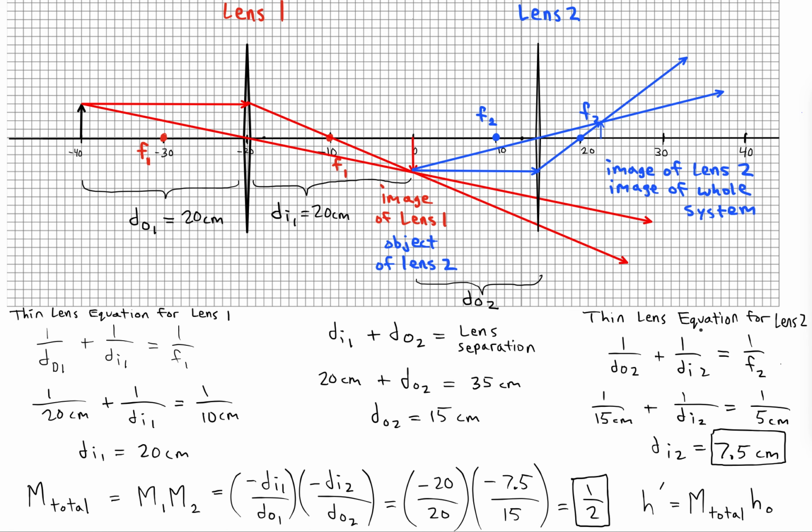Now our final object distance will be from the lens 2 to where our final image is constructed. So that's going to be DI2. So that final result you get is not from the first lens, it's from the last lens, the second lens.